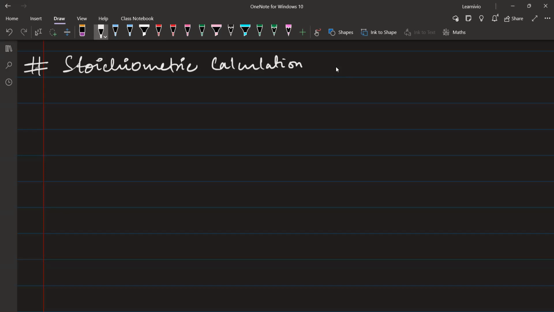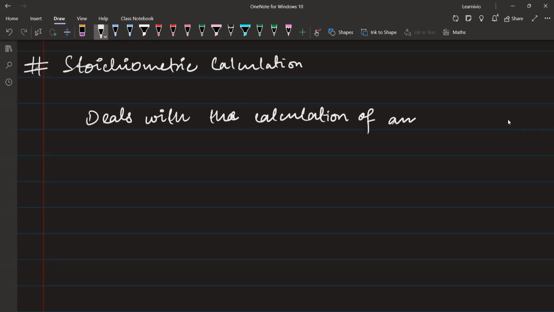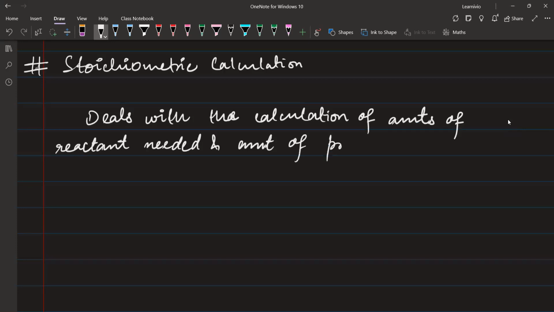Now, you can write a few points. It deals with the calculation of amounts of reactant needed and amount of products formed. ठीक है, stoichiometric calculation is going to deal with these items. कि कितना reactant चाहिए आपको और कितना product लगेगा.